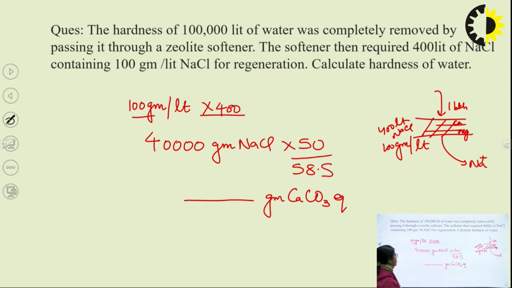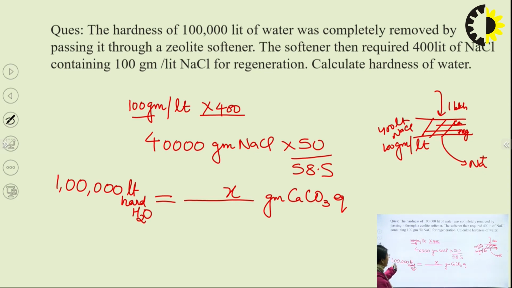Suppose this is X grams of calcium carbonate equivalents. I'm going to show you the calculations also. This is the amount of hardness which has been generated, and this amount of hardness has been generated by 1 lakh liters of hard water.